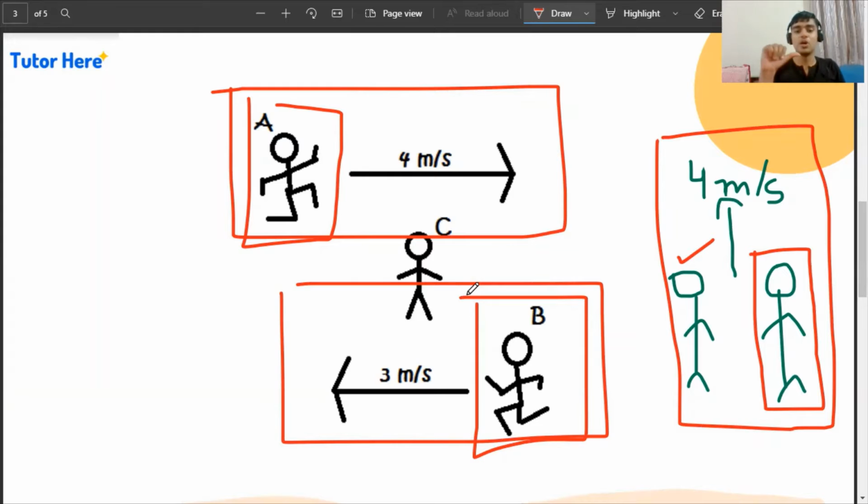So if I'm moving towards the left at 3 meters per second, and the other person is coming at 4 meters per second, it will be 7 meters per second from my frame of reference. So from the frame of reference of A, the velocity of B would be 7 meters per second. And that would be the same for B's frame of reference: the velocity of A would be 7 again, but in the opposite direction. All right, with me?